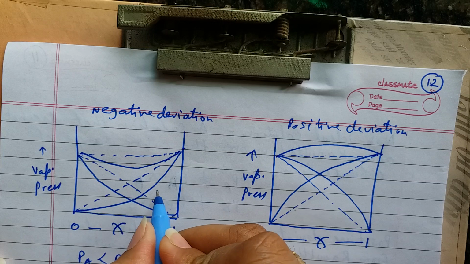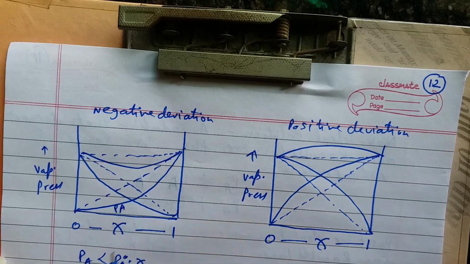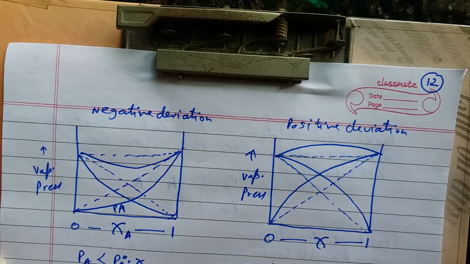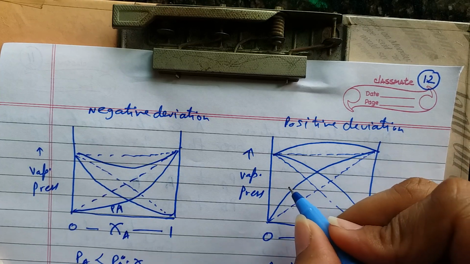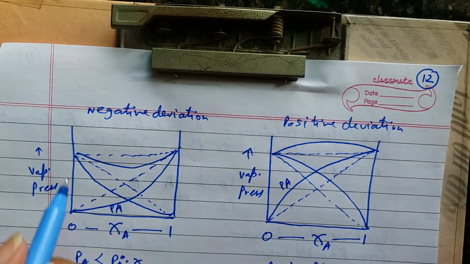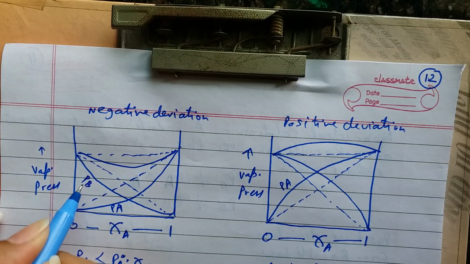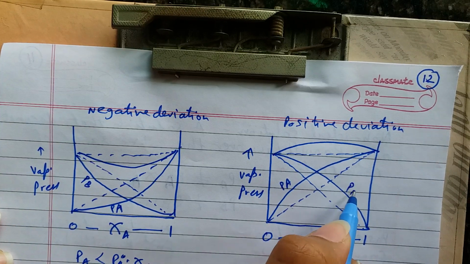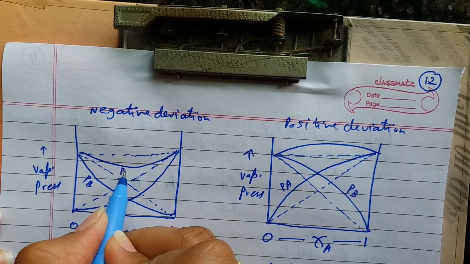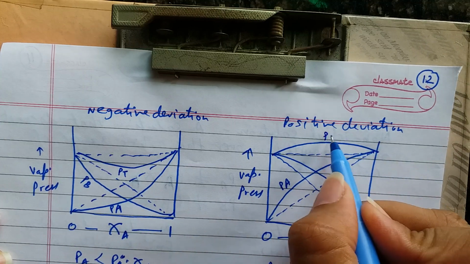Let's say this is the curve for PA, right? So this is chi A. This is the curve for PA. This one is the curve for PB, and this is the curve for the total pressure, P total.